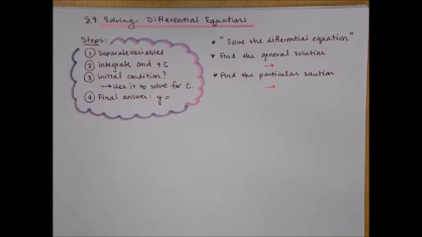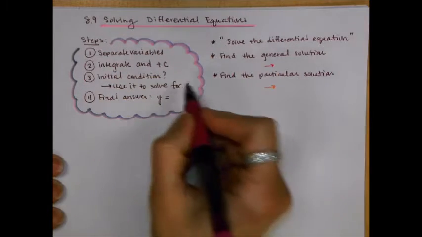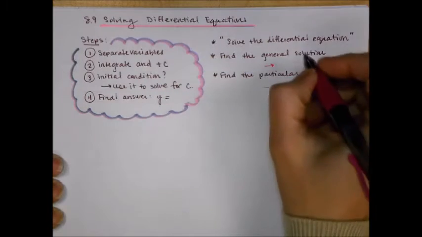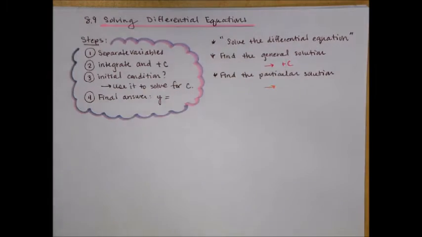Directions on problems like this typically say solve the differential equation. So that's what this is telling you to do. Go through these steps and solve for y. If you're told to find the general solution, this means that you're just going to have a plus C at the end, or you'll have a constant, just C in the answer.